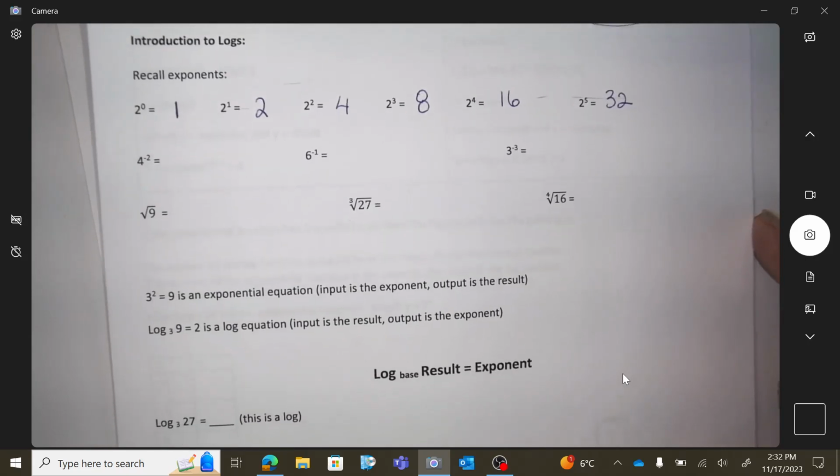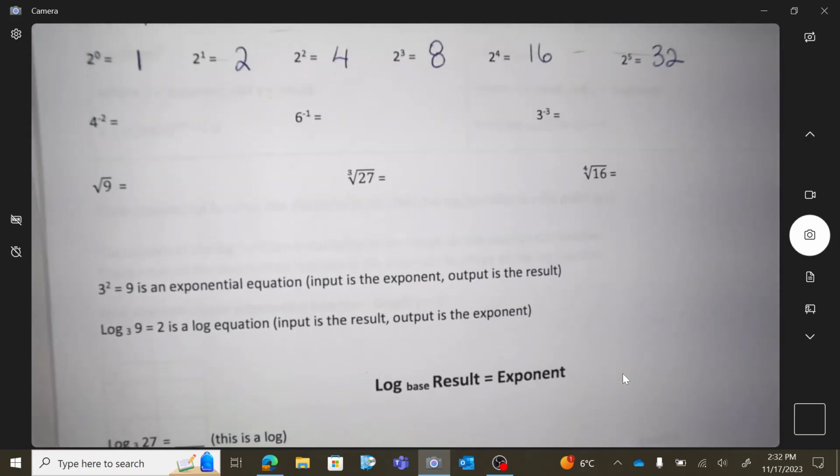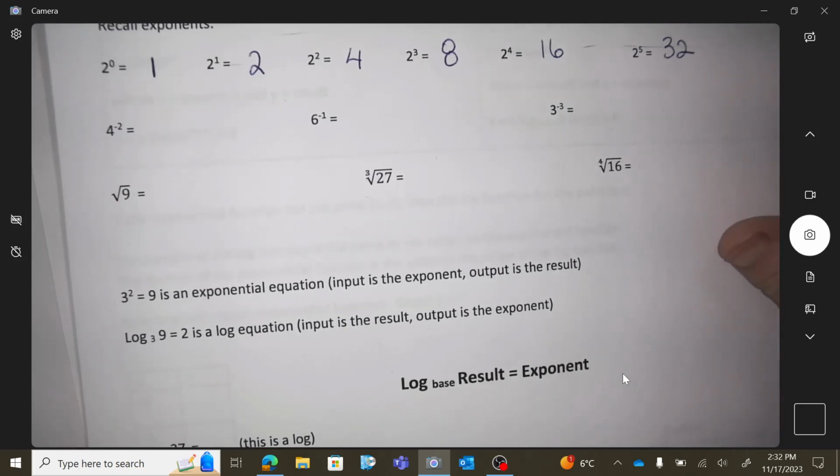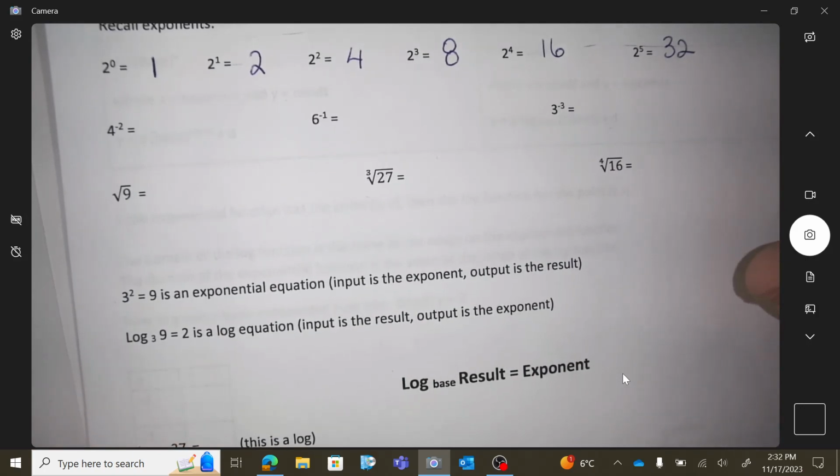All right, now negative exponents. Negative exponents, what do you do with negative exponents? Do you remember? What's the negative exponent rule?